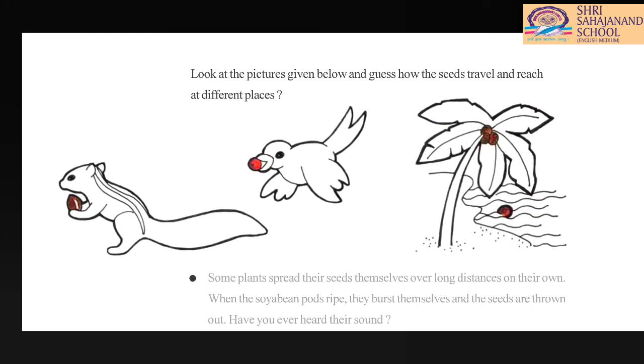As you can see, in the first picture the seed is in the hand of a squirrel. That squirrel carries seeds from one place to another. In the second picture, a bird helps the seeds travel from one point to another and to different places. And lastly, the coconut is traveling with the help of water in the ocean.